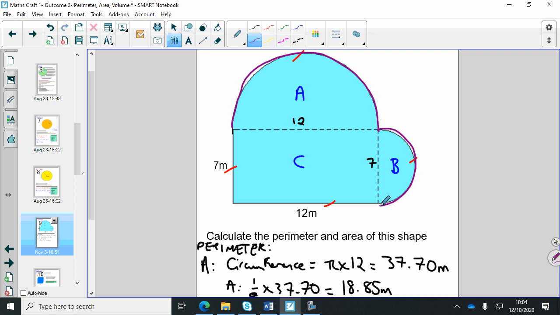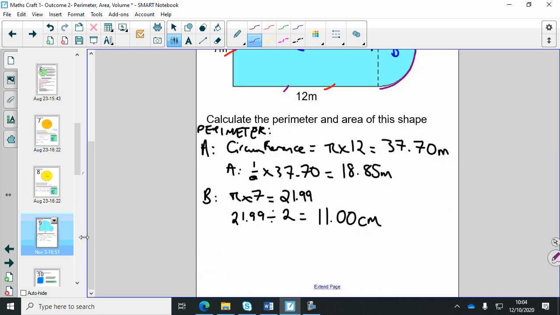So all we've got to do is add on this first length that we found, add this second one, and then add on the 12 and the 7. So the perimeter is going to be equal to 18.85 plus 11 plus 12 and plus 7, and that will work out the total.